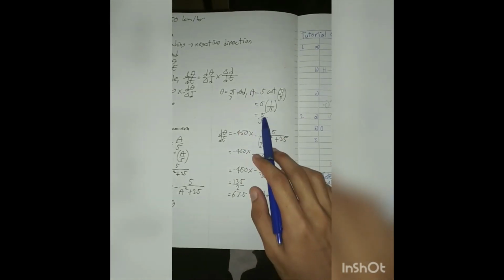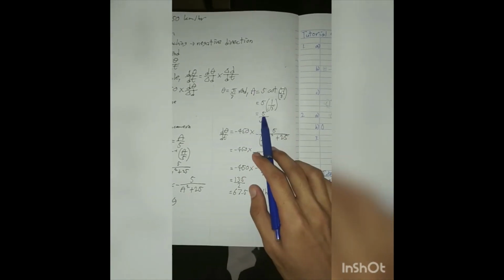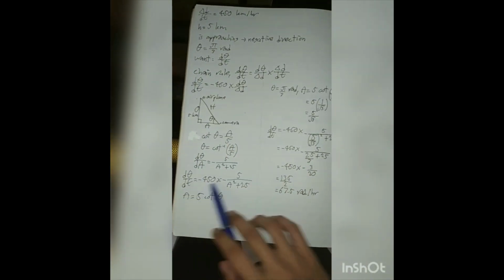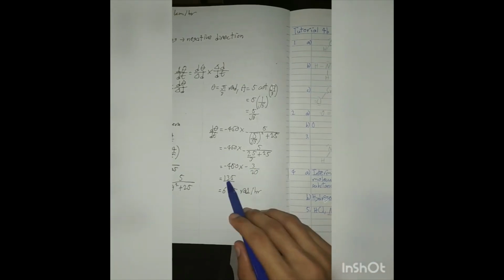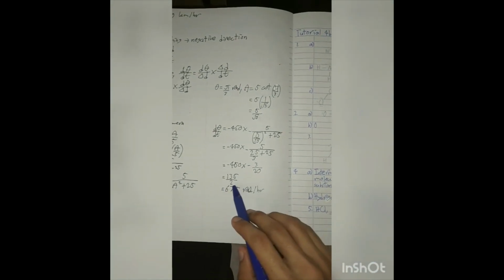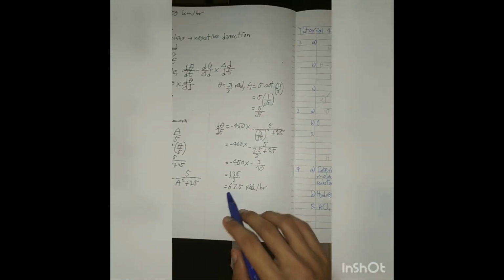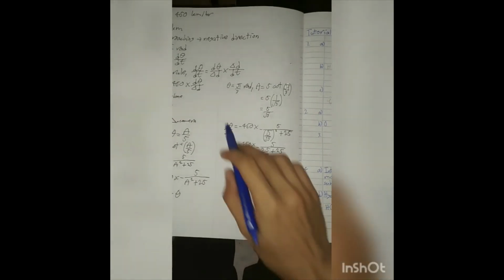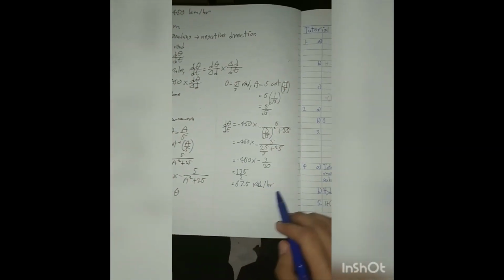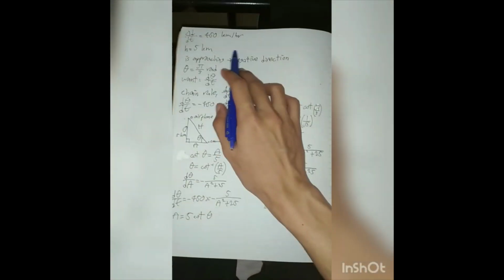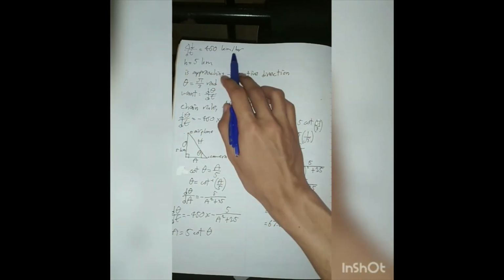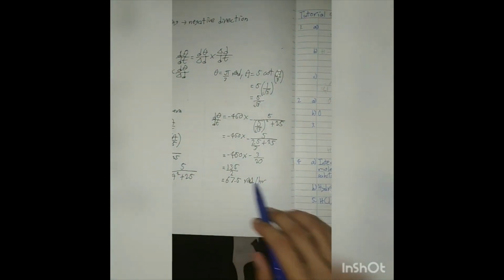And then x is equal to 5 over square root of 3. And then we can put this in, so we get 135 over 2, or 67.5 radian per hour. The unit is radian per hour because our theta is in radian, and our t is in hour. So this is the final answer.